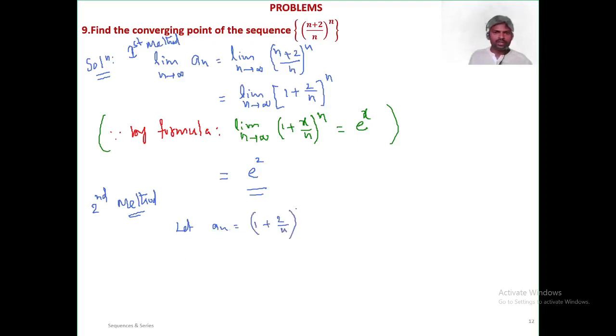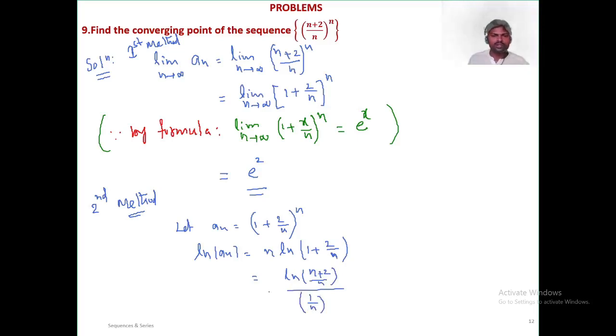This is your an. Then apply both sides ln, natural logarithm function. So then n will come down, ln of 1 plus 2 by n. So next step, simplify this: n plus 2 by n, divided by n, I can write 1 by n, right?